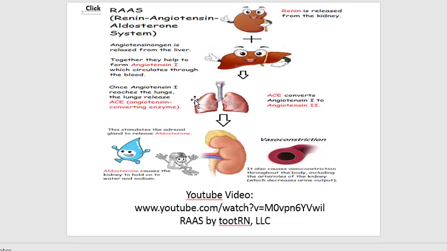So, remember how we were talking about the ACE inhibitor? If you have an ACE inhibitor, the ACE inhibitor actually prevents this section of the renin-angiotensin-aldosterone system from happening. ACE converts angiotensin 1 to angiotensin 2, and then angiotensin 2 does all this down here. So if you put an ACE inhibitor right here, then angiotensin 2 never happens, this never happens, and the aldosterone doesn't happen.